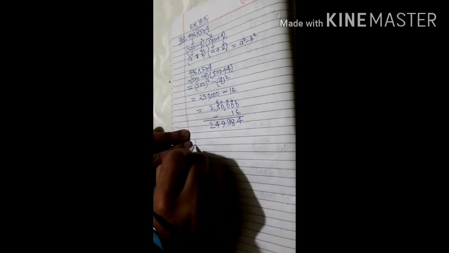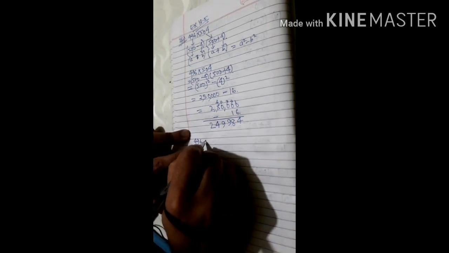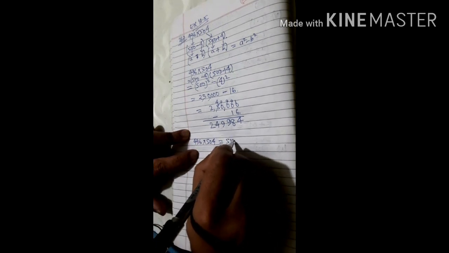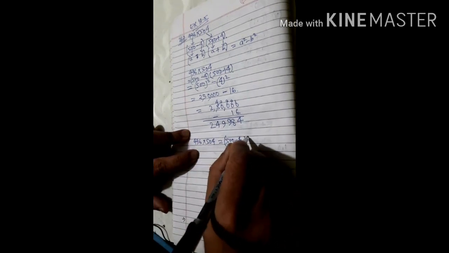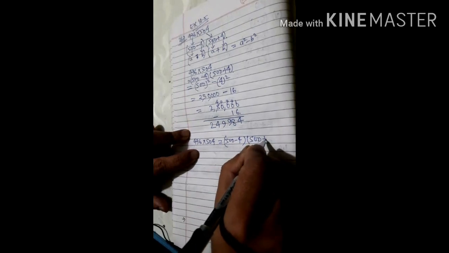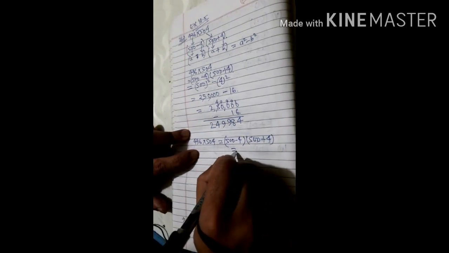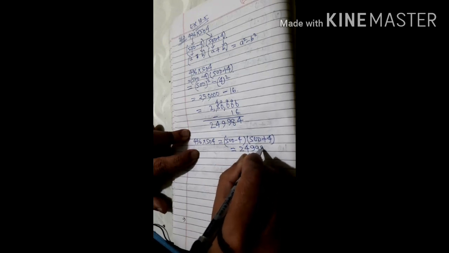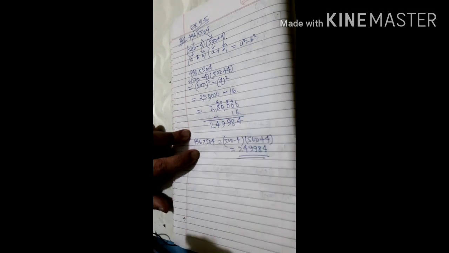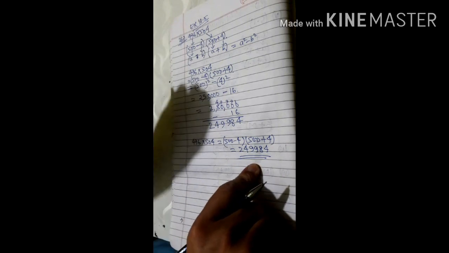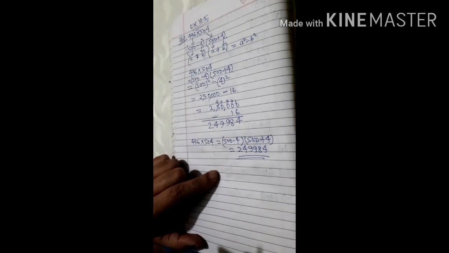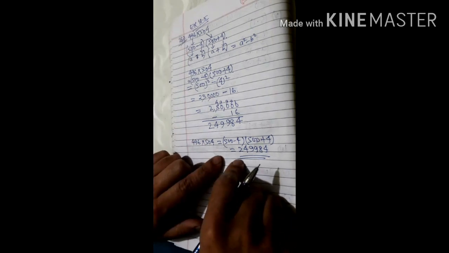So what is 496 into 504? This is equal to 500 minus 4 multiplied by 500 plus 4, which is equal to 249984. So this gives us the answer for 496 into 504. I hope things are clear.